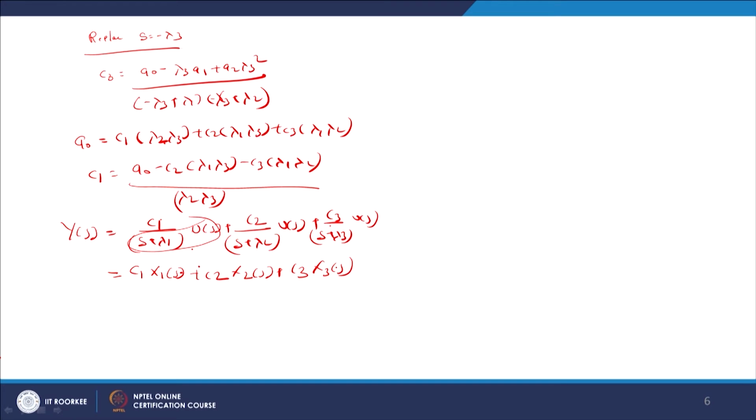And what is X1(s)? X1(s) equals U(s) over (s plus lambda 1).